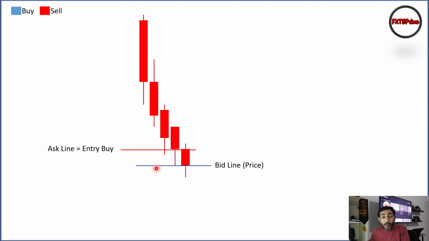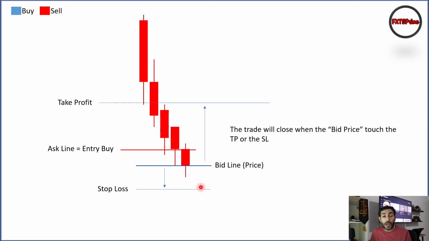Now if I want to open a buy trade, I am going to open it on the ask price, because the ask price is for the buy positions or the buy entries. So if I open my buy trade from the ask price and I place my stop loss, then my trade will close when the bid line touches the stop loss, or my trade will be closed when the bid line touches the take profit.